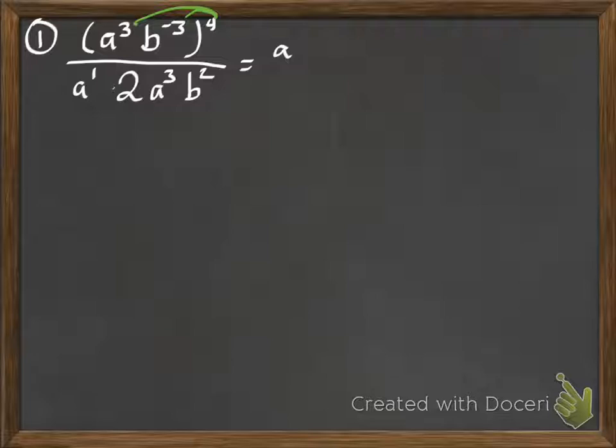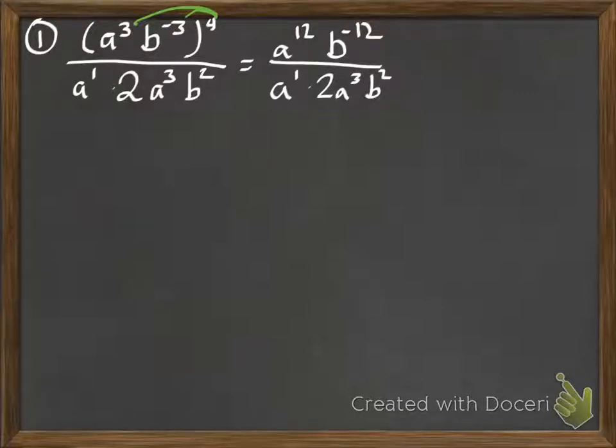So that would be a to the 12th, because 4 times 3 is 12. B to the negative 12th, over a to the first times 2a cubed b squared. Okay, what do you think you might do next?